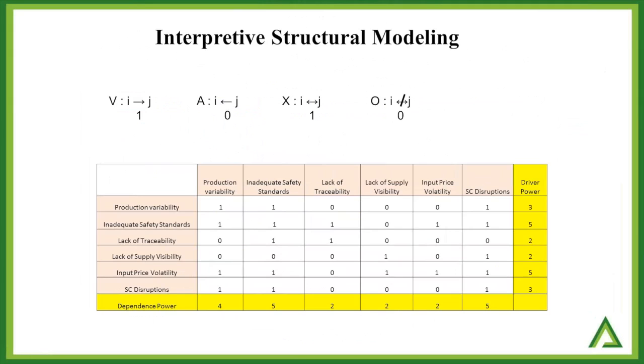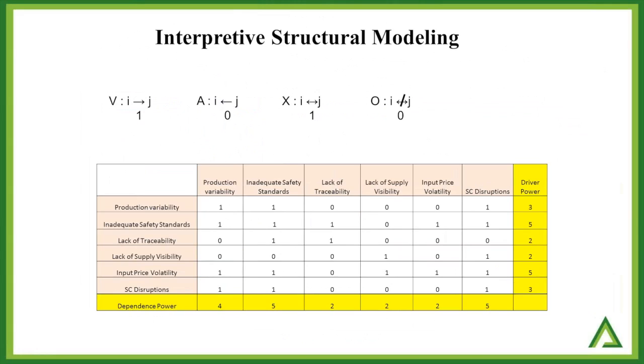The driver power is the row sum. So if you see in the first row, you add up all the ones in a row. That becomes the driver power.